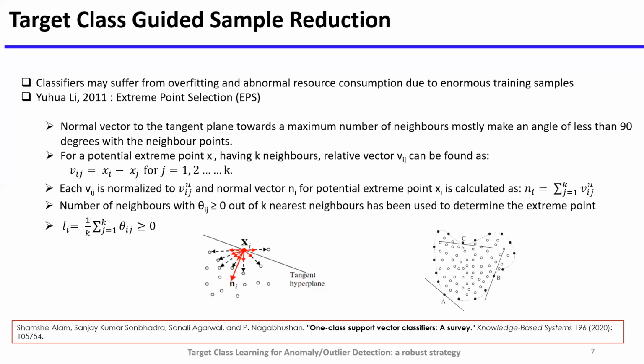Once we achieve them, we can train our one-class classifiers using those extreme points, which are sufficient to train the model. In this way, we can reduce the computation cost while training.